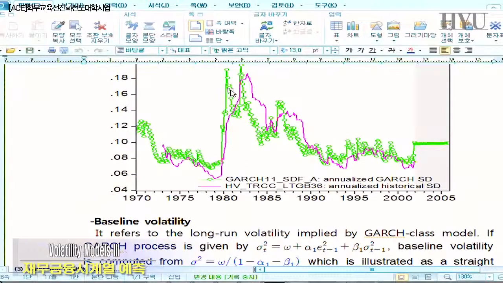So this is the GARCH forecast. At the end of the period, this was the last observation, and it appears that for this particular data set, total return, continuously compounded total return, United States, that was about average, so it's moving forward like that, okay? Compared to historical volatility, whatever it is computed and ended here.